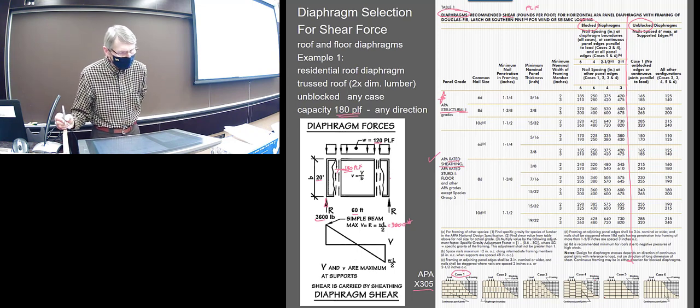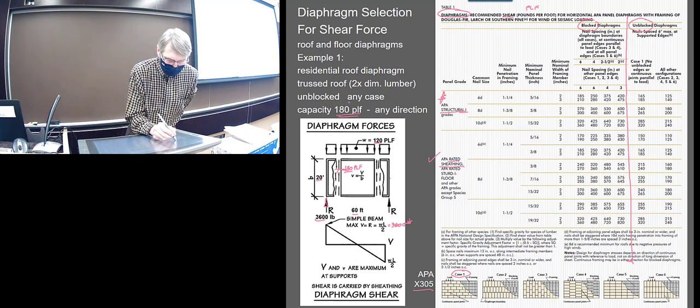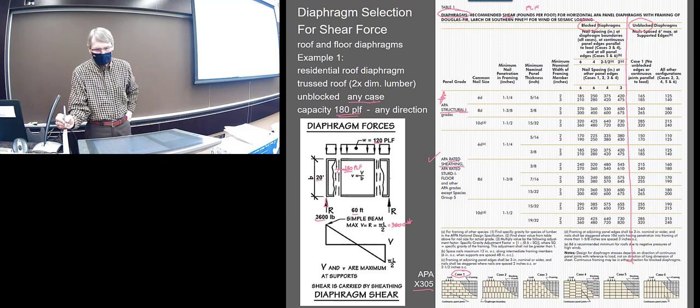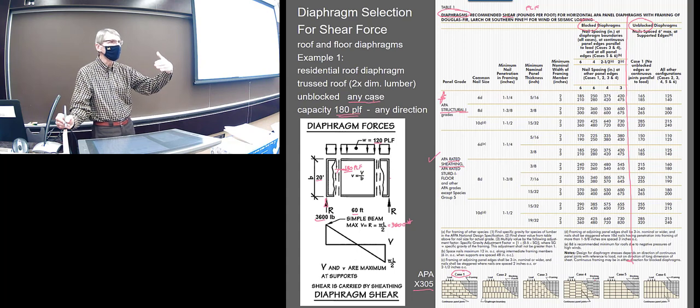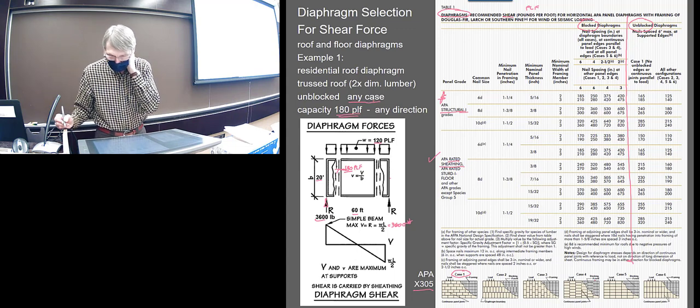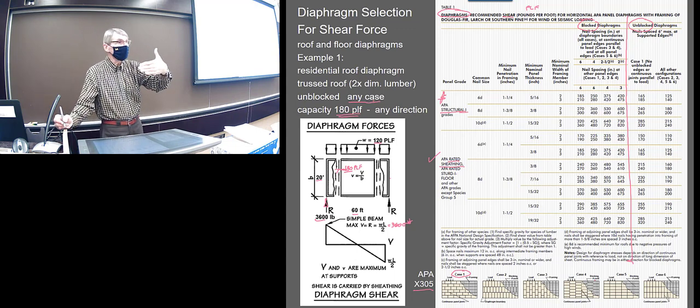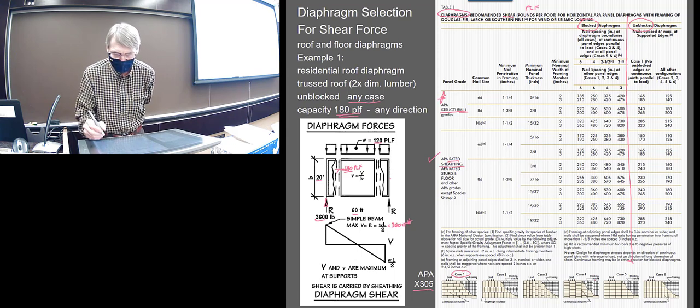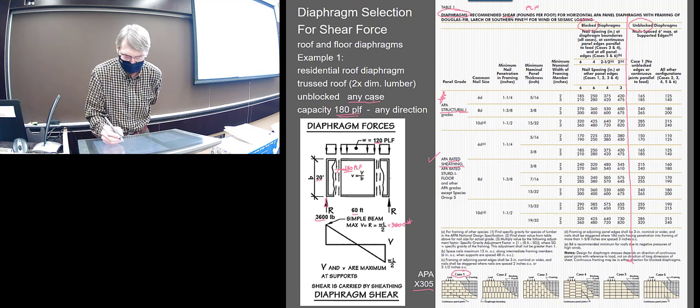So in this case, I'm just going to assume it could be any case, but normally you'd be designing it for a specific case probably. Or it may be that it has to be two cases. If it takes the wind from one direction, it also has to be from the other direction. So it may be two different cases. Okay, so you're making all these decisions.